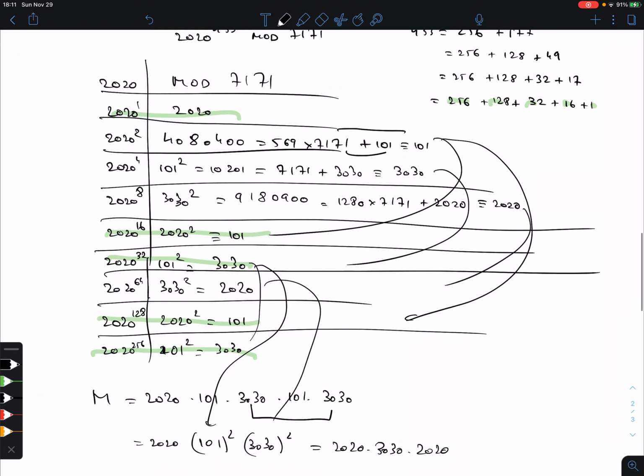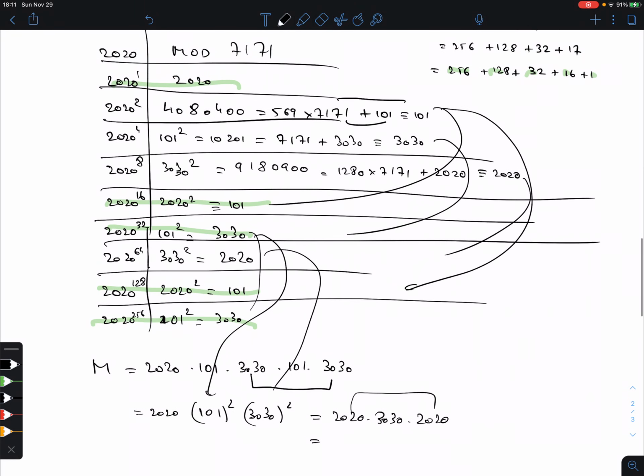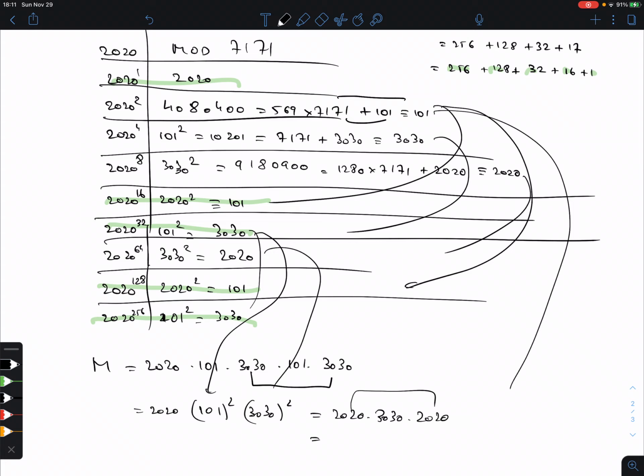Now 2020 squared, I know what that is. These two squared, that's from here, right? It's 101. So that's 3030 times 101. Okay, now I have to do something. 3030 times 101.